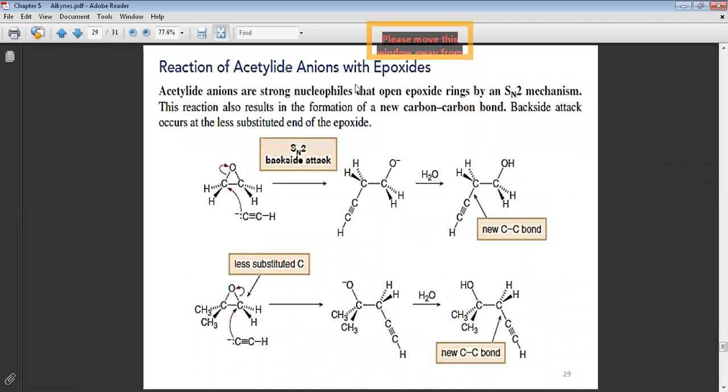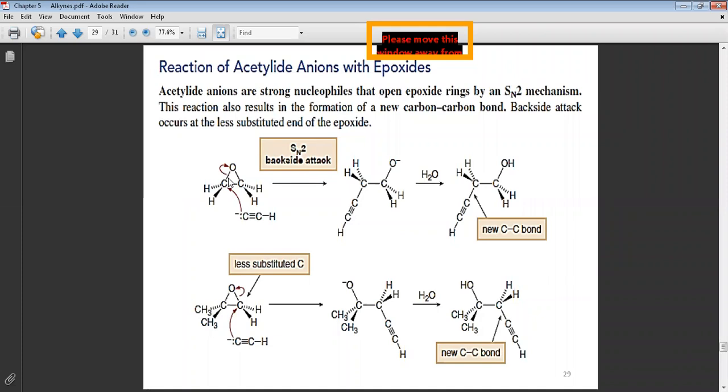Now, the reaction of the acetylide anion with an epoxide. Of course, an epoxide is a cyclic compound with a 3-membered ring with 3 atoms: 2 carbons, and the third one is oxygen. This type of compound is called an epoxide.